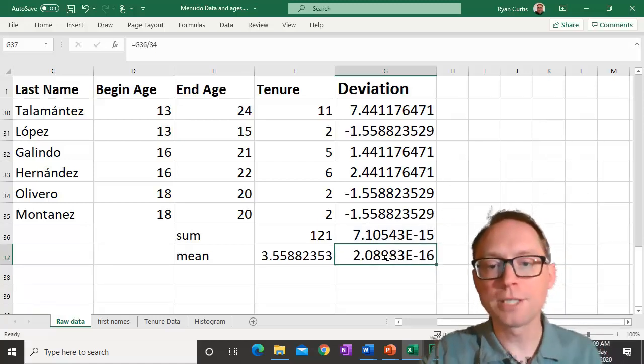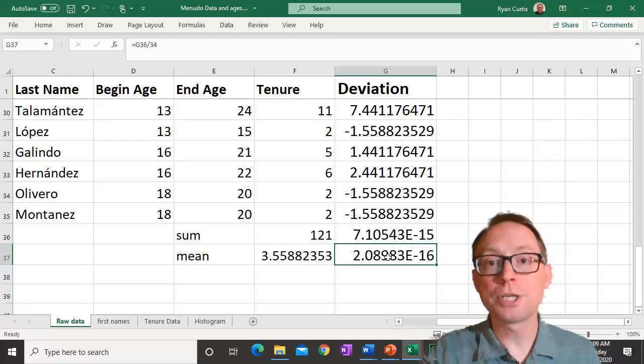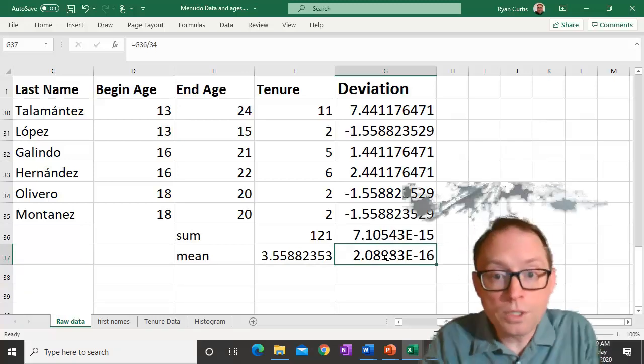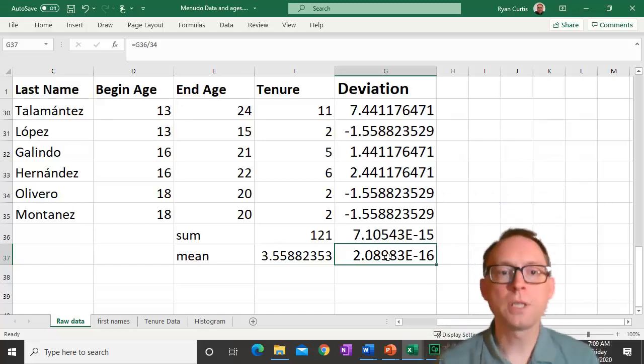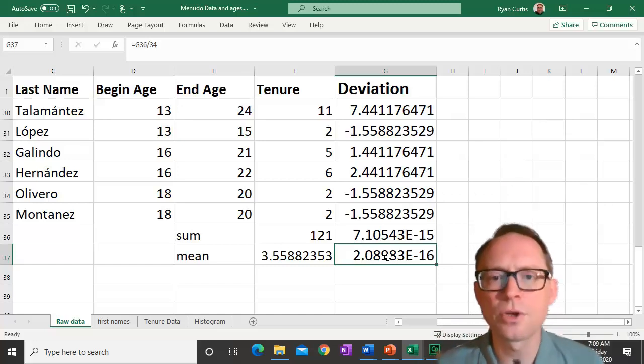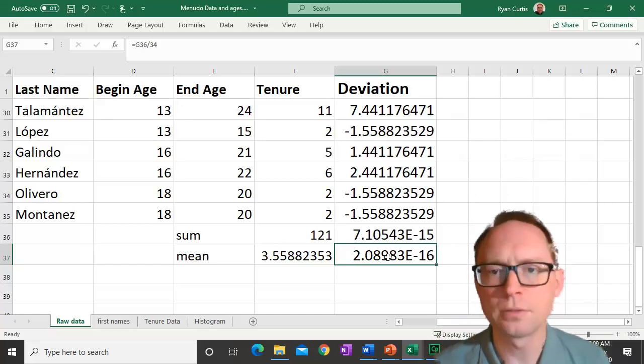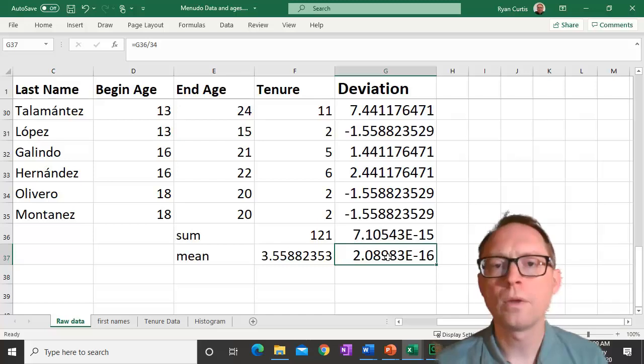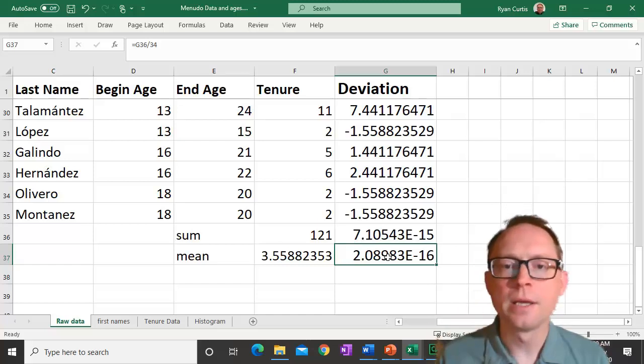That's 0. The average of 0 is always 0. It's always going to be 0. So it doesn't make sense to create a deviation when we're talking about this. It doesn't make sense to do a mean deviation, because whenever you try and get that mean, you're going to get 0.